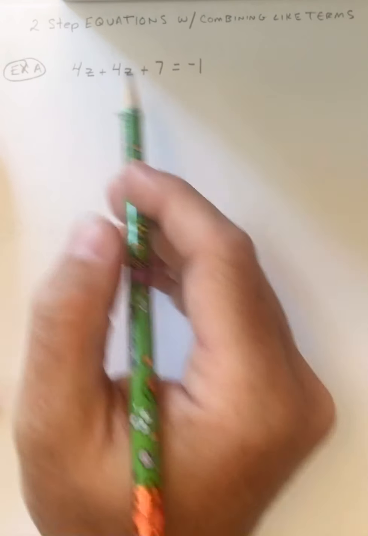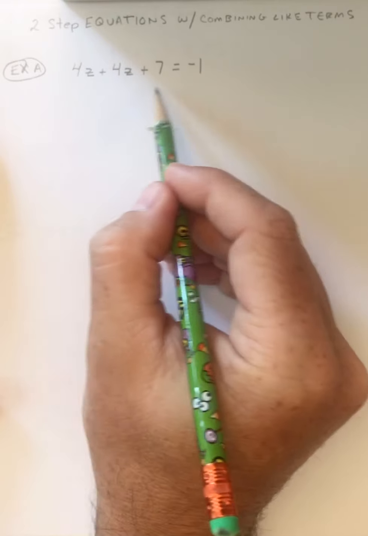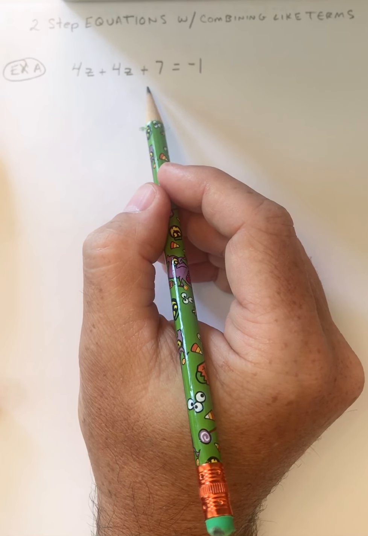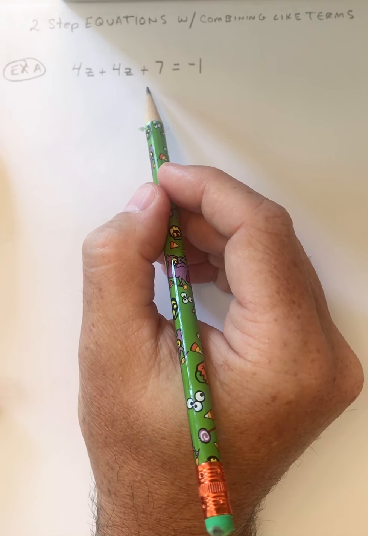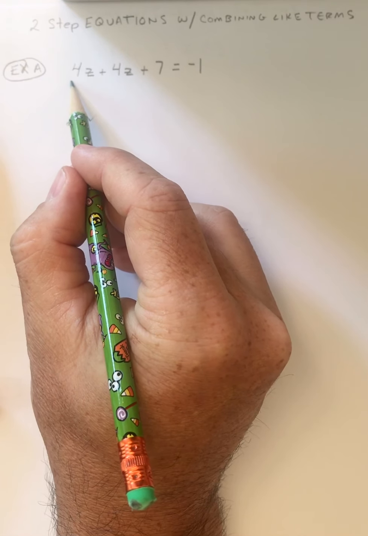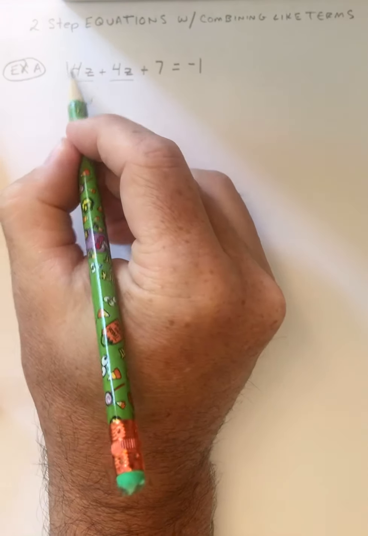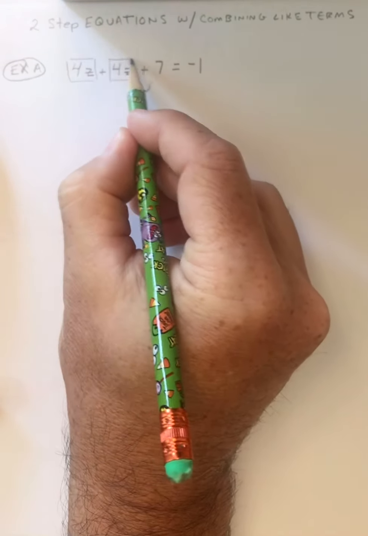All right, and that simply means that we have to take some of these like terms on one side and combine them before we get into our solving. So in this particular case, I'm going to take my 4z and my 4z. Some people like to box these so they know what terms they're combining.